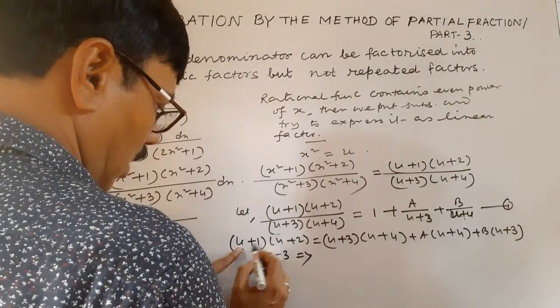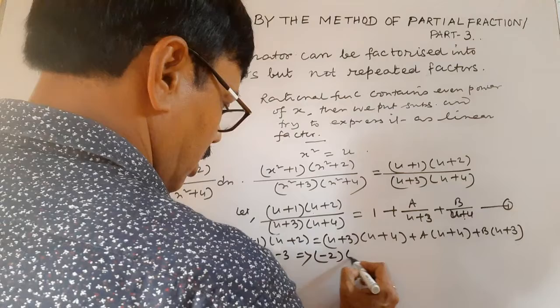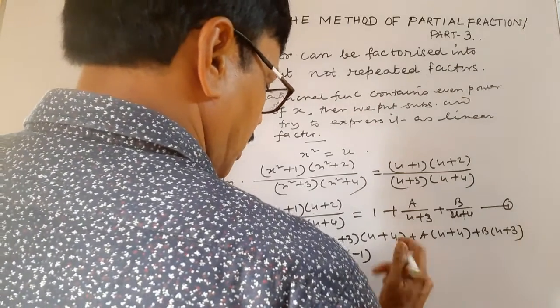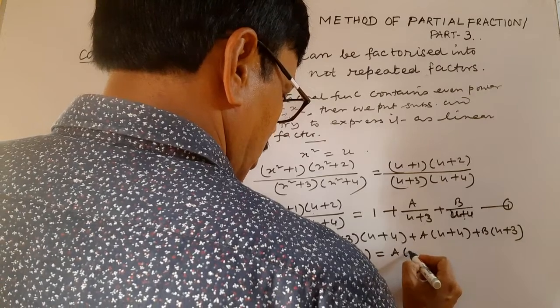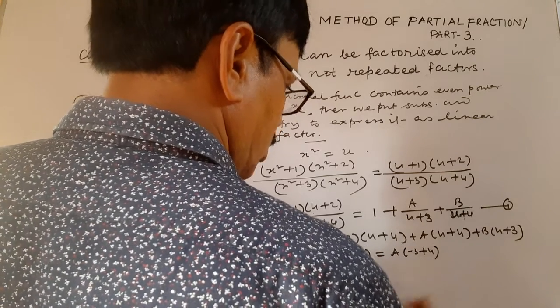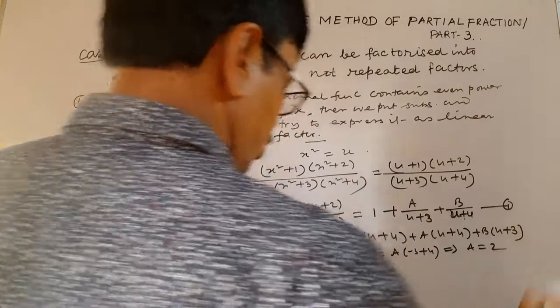So minus 3 plus 1 is minus 2, minus 3 plus 2 is minus 1. This part is 0. A into minus 3 plus 4, this is 1. This one is 0. So this implies a equals 2.